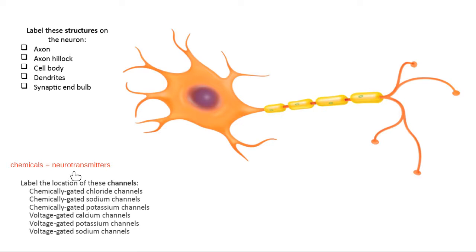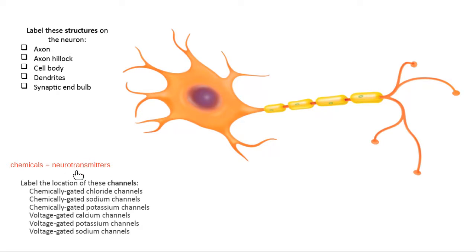Remember that when a neuron talks to a muscle, it always just uses acetylcholine. When neurons talk to each other, they can use a whole bunch of different neurotransmitters. Regardless of which neurotransmitter neurons are releasing to each other, there's really just one place on a neuron where they can receive neurotransmitters.